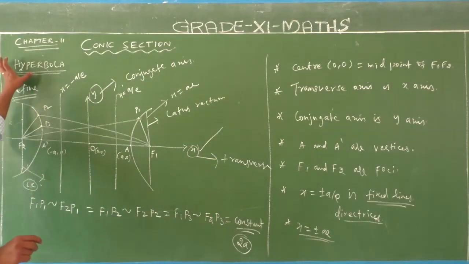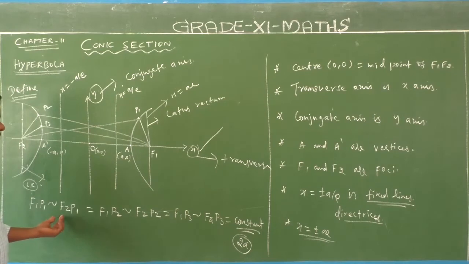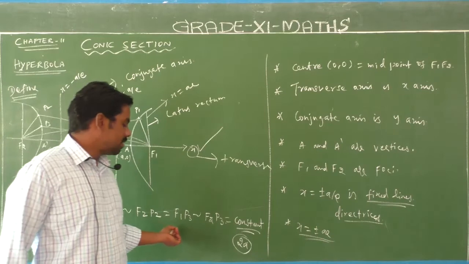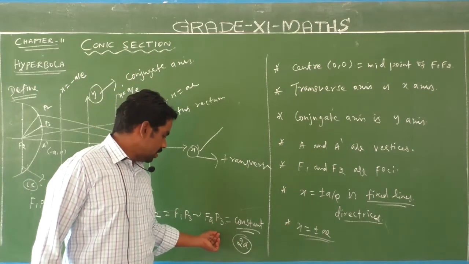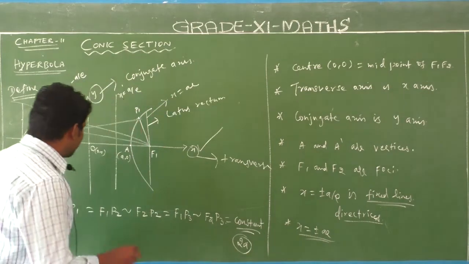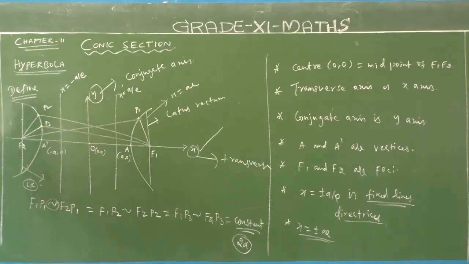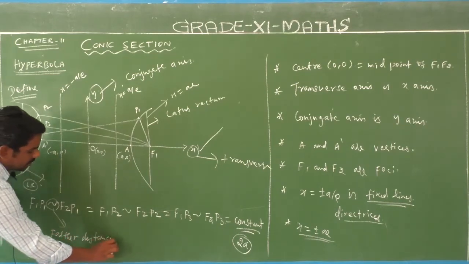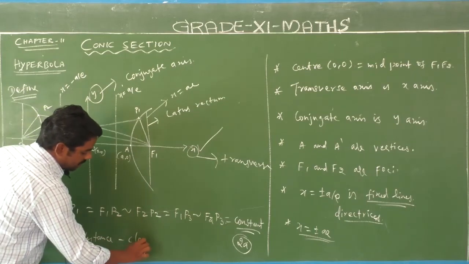Listen, the hyperbola definition is: F1P1 difference F2P1 is equal to F1P2 difference F2P2 is equal to F1P3 difference F2P3. Here difference means the distance between F1P1 and F2P1: the further distance minus the closer distance.